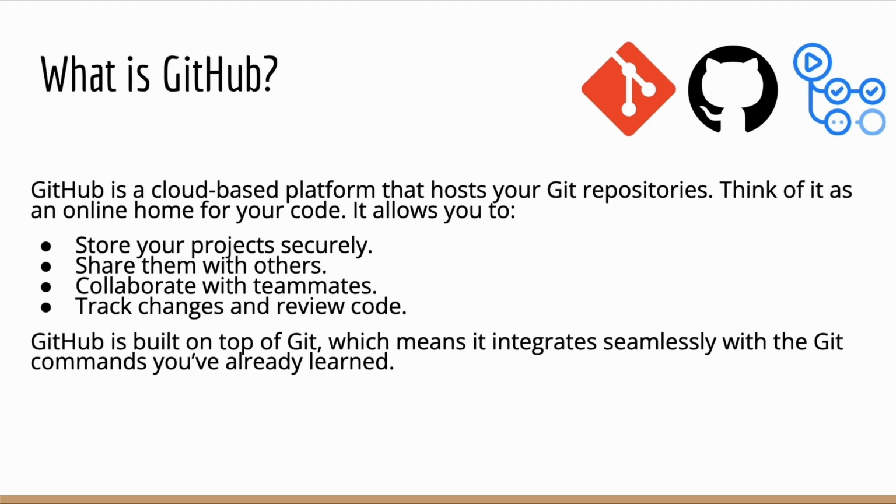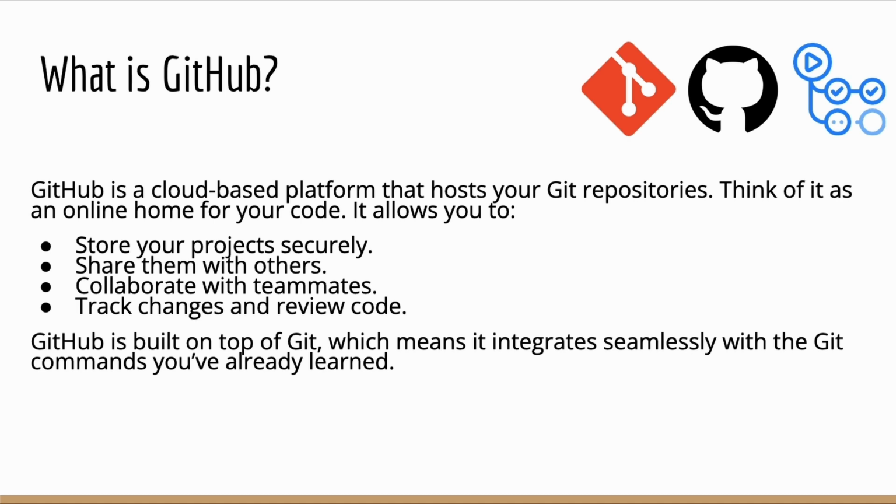So what is GitHub? GitHub is a cloud-based platform that hosts your Git repositories. Think of it as an online home for your code. And having your code stored in this online home allows you to not only store them securely, it also allows you to share them with others. It allows your teammates to collaborate from anywhere that they can access that repository.